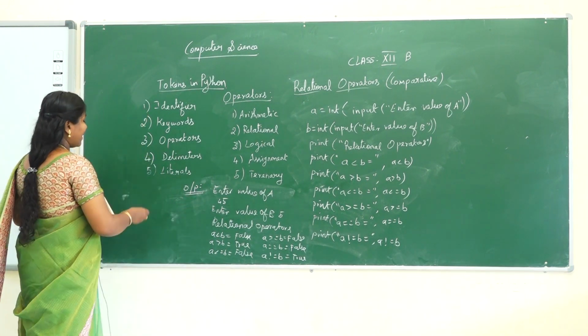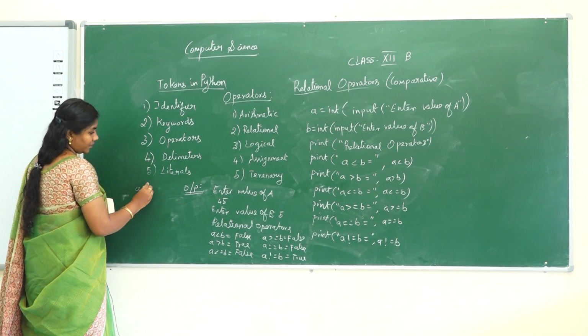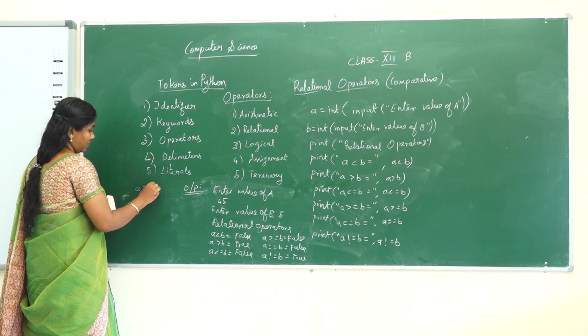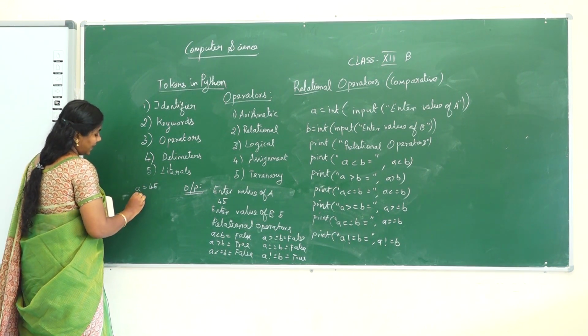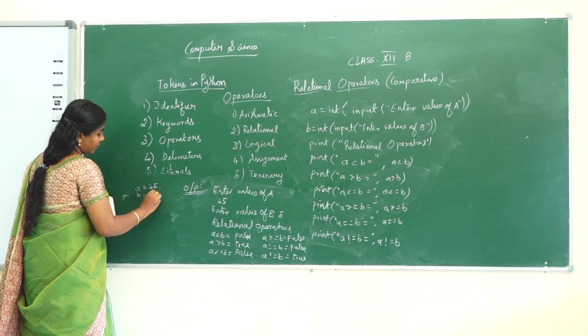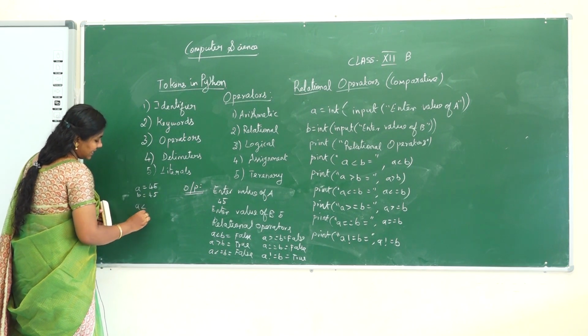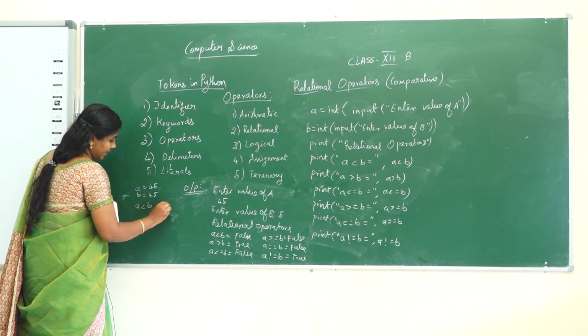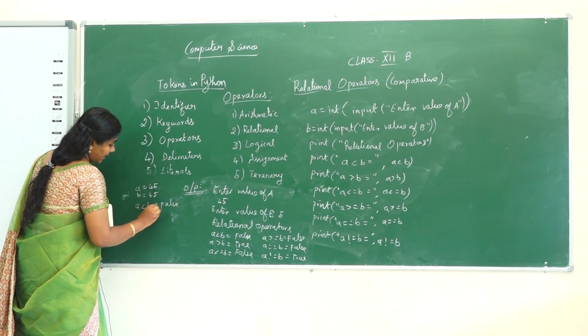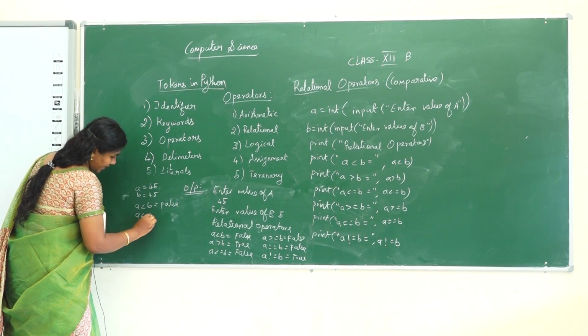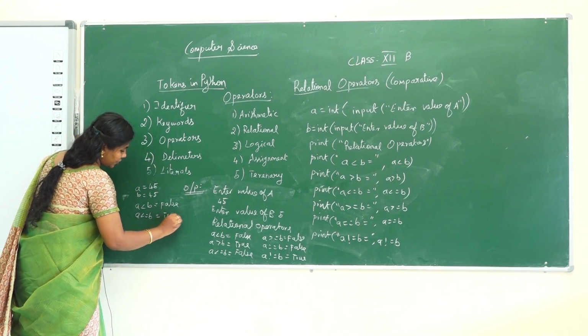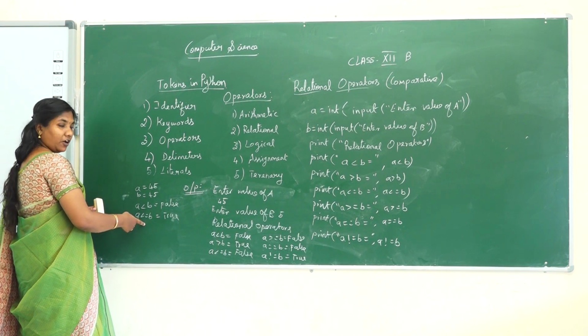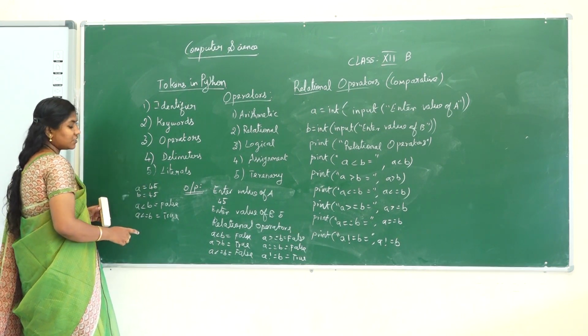Suppose I am having the value of A as 45, and I am having the value of B as 45. Then in A less than B, I will be having the value as false. In A less than or equal to B, I will be having the value as true, because either less than or equal to, but the value here is true.